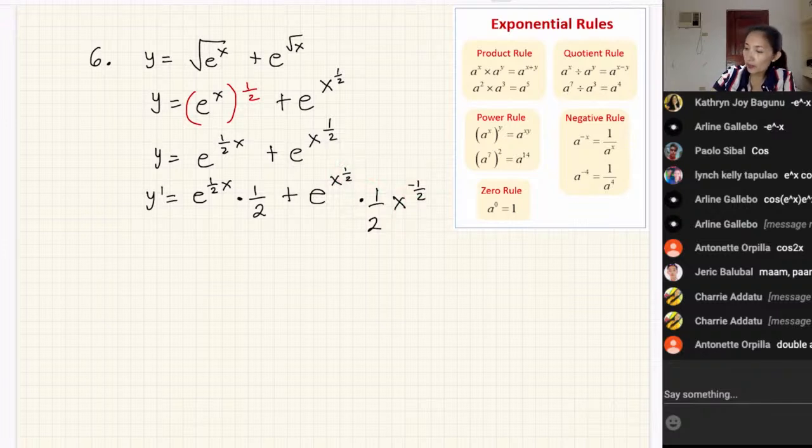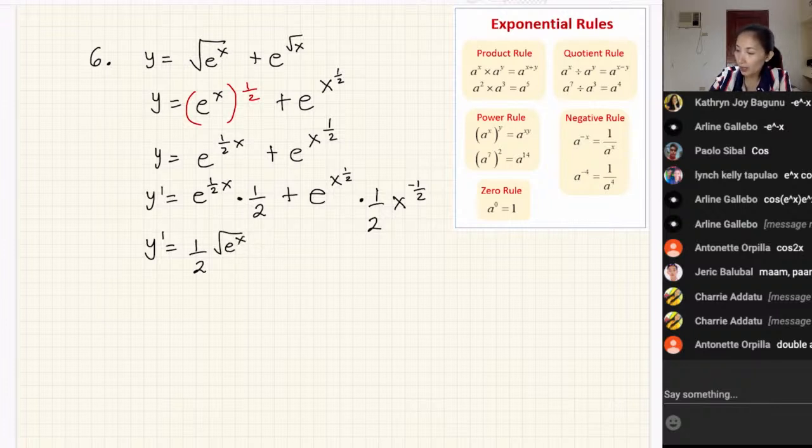So let's simplify it further. Y prime will now be 1/2, and then what's the other way of writing this? e raised to 1/2 x is the square root of e raised to x. So instead of having e raised to 1/2 x, I can now write it as the square root of e raised to x.